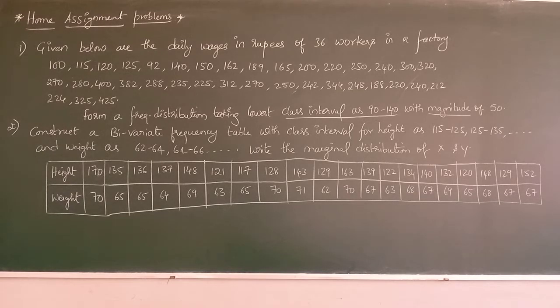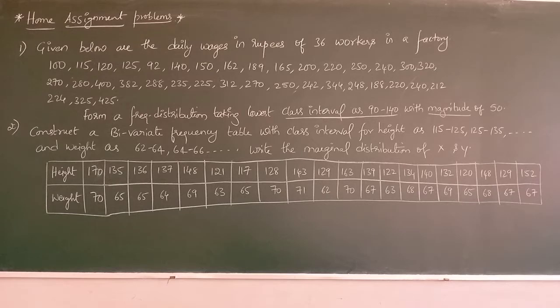If you observe, the least value itself is 92. Already one direct hint is given, class interval as 90 to 140. So 92 is the least value, and that is the reason the class interval has started from 90. As you all know, the lowest class limit should be a multiple of 5.